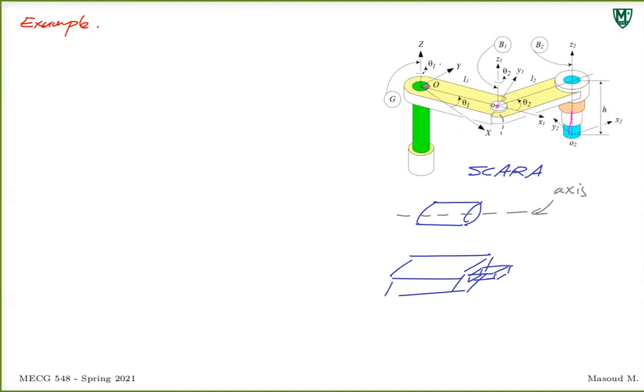It elongates this way, I believe. I have to double check this problem statement. It can go either way, up or down, shorter or longer. We do have a revolute joint here, but they didn't put an axis coordinate on that.